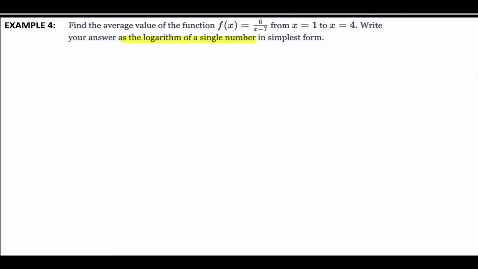Okay, so set it up the way we always do. If we need to use substitution, we will. If not, we won't. Pretty sure we're going to need to on this one. You're going to have a fraction out in front.